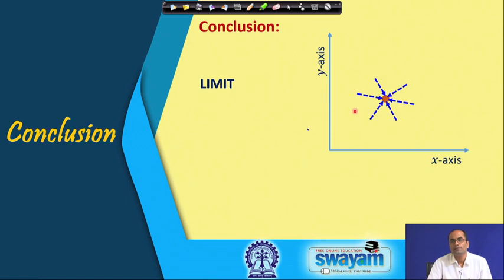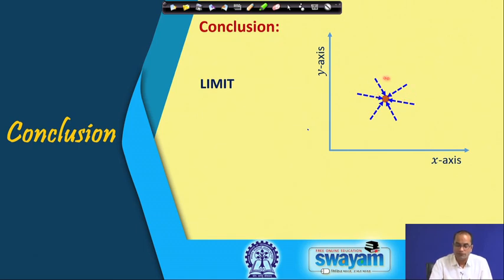So, computing the limit along a particular direction will not help, but if we find two directions where the limits are different, then we can conclude that the limit does not exist. But we cannot conclude by evaluating the limit along two or many paths that this is the limit, even though the limit may be the same along several paths.